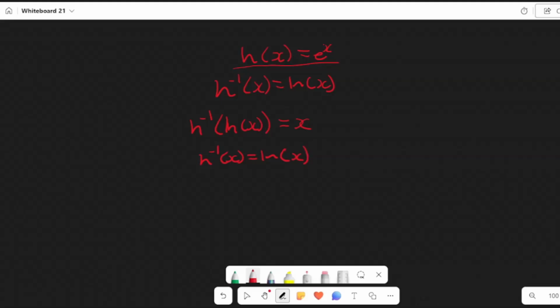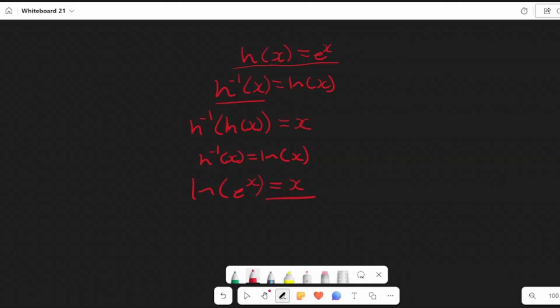And it's simply because natural log, which is our inverse function, of our initial function e to the x, is just going to give us the input again that we initially have.